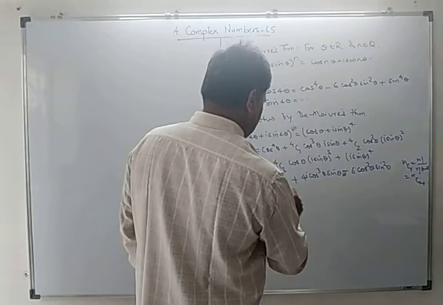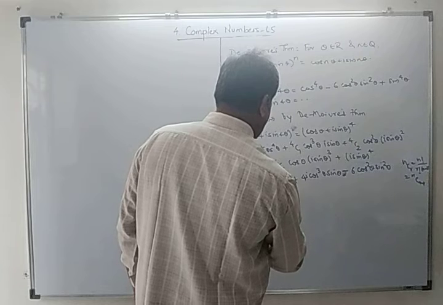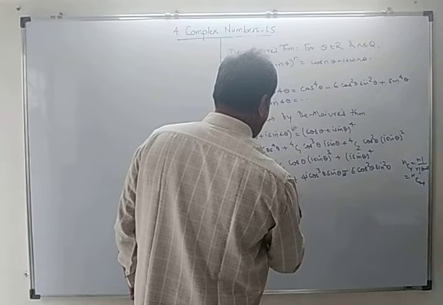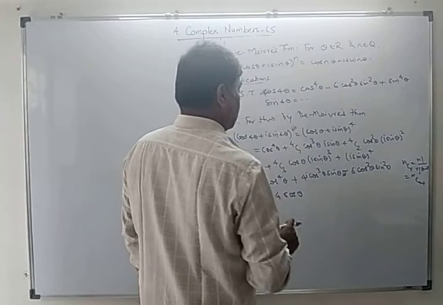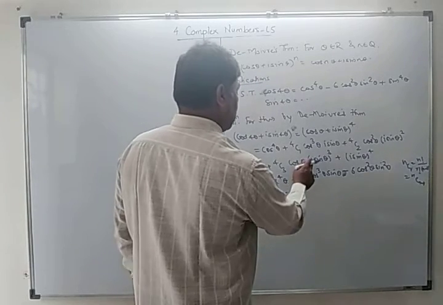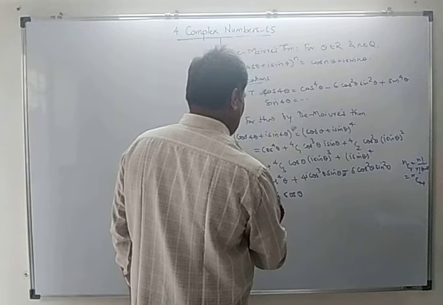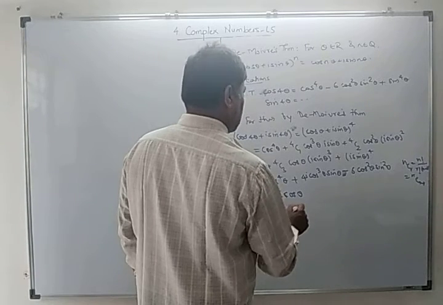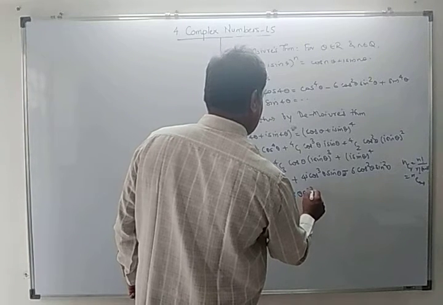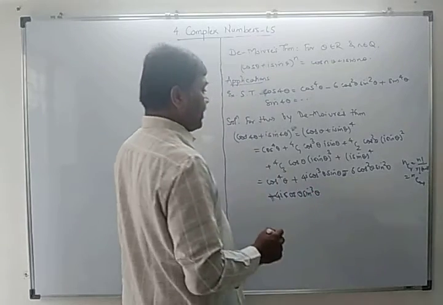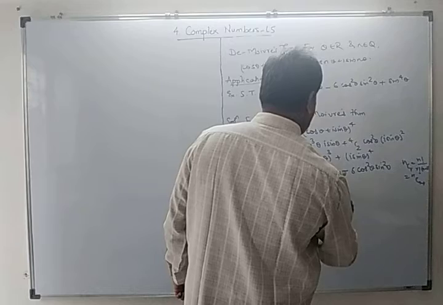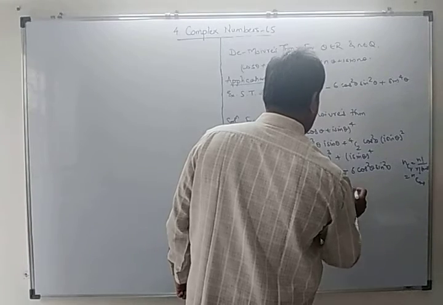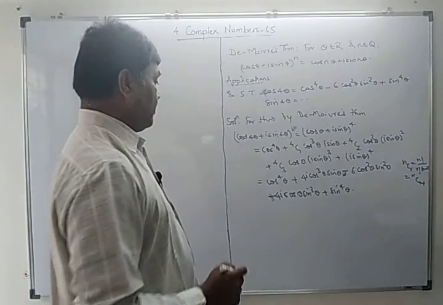So we get 4C3 to be 4 cos theta, i cube is i square into i, which is minus i, so we will get minus 4i cos theta sin cube theta. i raised to 4 is 1 and sin raised to 4 theta.